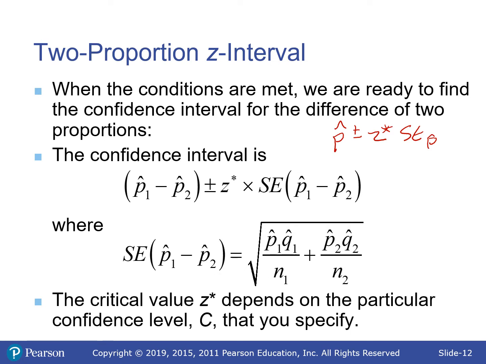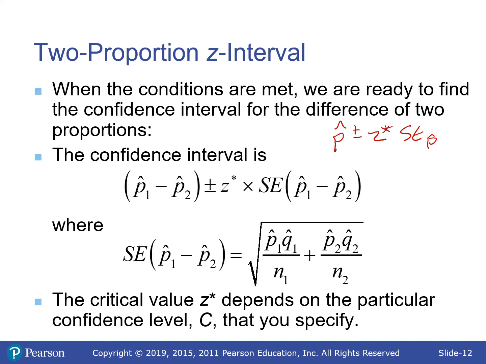It's our mean, the center, which in this case is P1 hat minus P2 hat, plus or minus Z star times the standard error of P1 hat minus P2 hat. Z star is still what we want for our confidence level. The values are the same. We can find them from the Z table, or that bottom row of the T table gives us the confidence intervals. And it's interpreted the same.